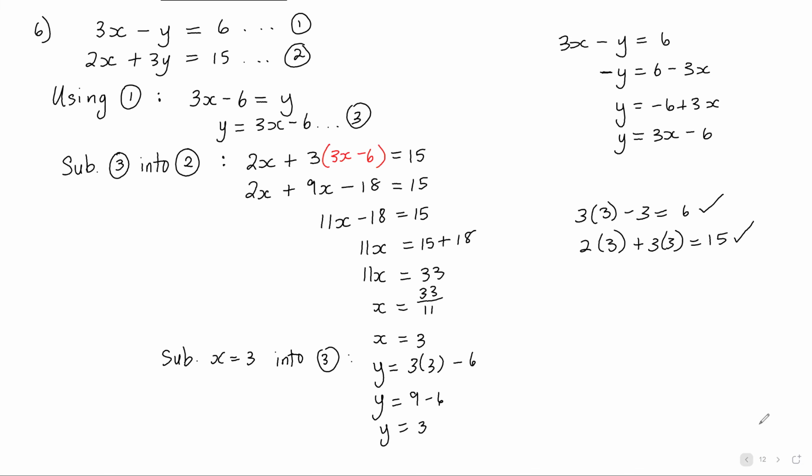So let's say we had 4x plus 3y is equal to 10, and then 5x minus 2y is equal to 1.